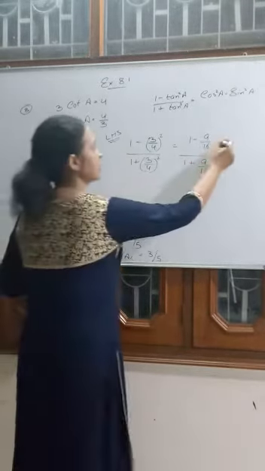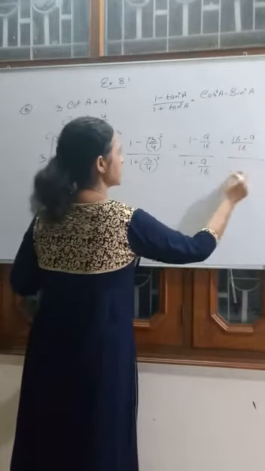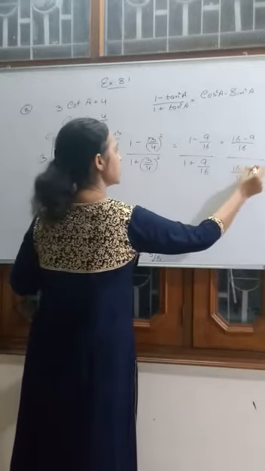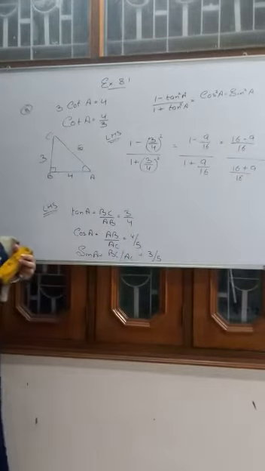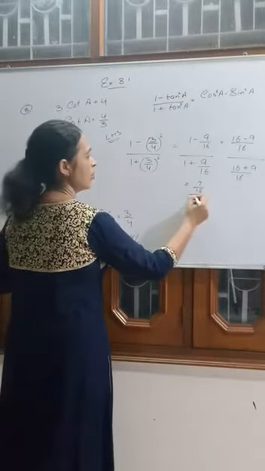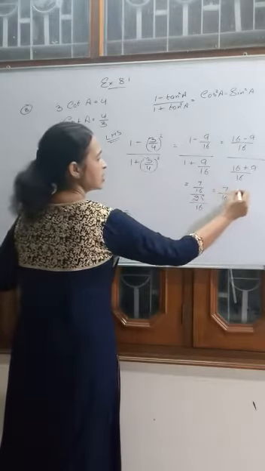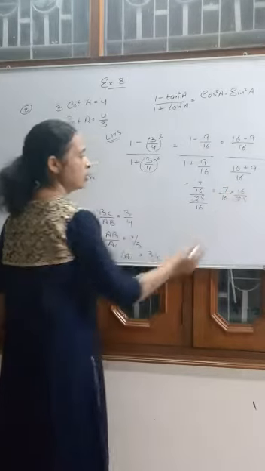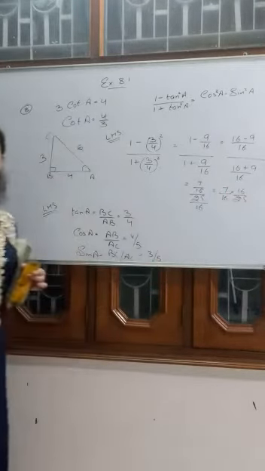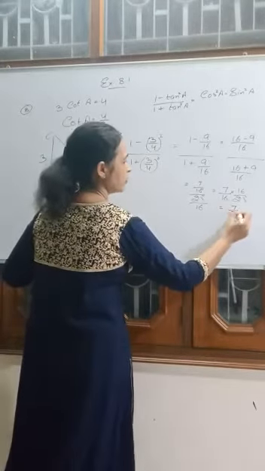What will you get? 16 LCM. 16 minus 9 upon 16, 16 plus 9. What is 16 minus 9? 7 by 16 upon 25 by 16. 7 by 16 into 16 by 25, or you can cancel both 16s here. Answer is 7 by 25.